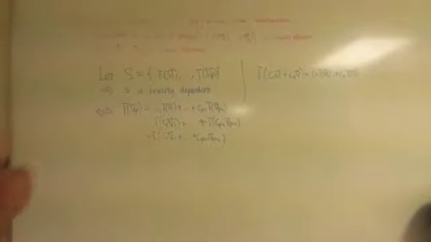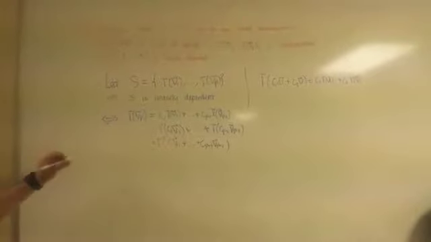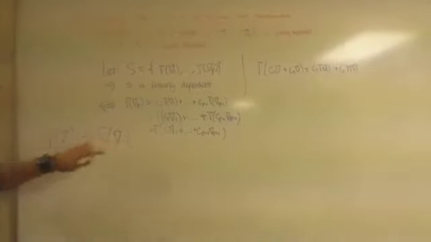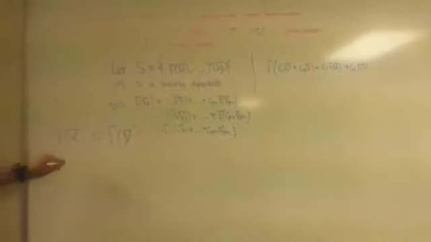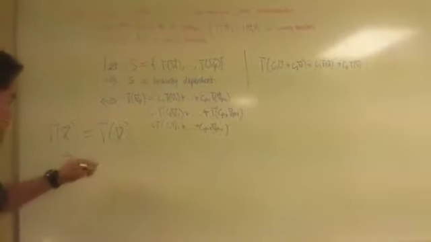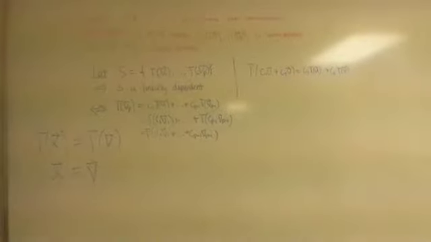Okay, so now we have to look at the definition of a one-to-one linear transformation. And that basically just says that if we have T of the vector x equals T of the vector y, this is a one-to-one transformation if and only if the vector x equals the vector y. Because a one-to-one transformation just means that it's like a function.